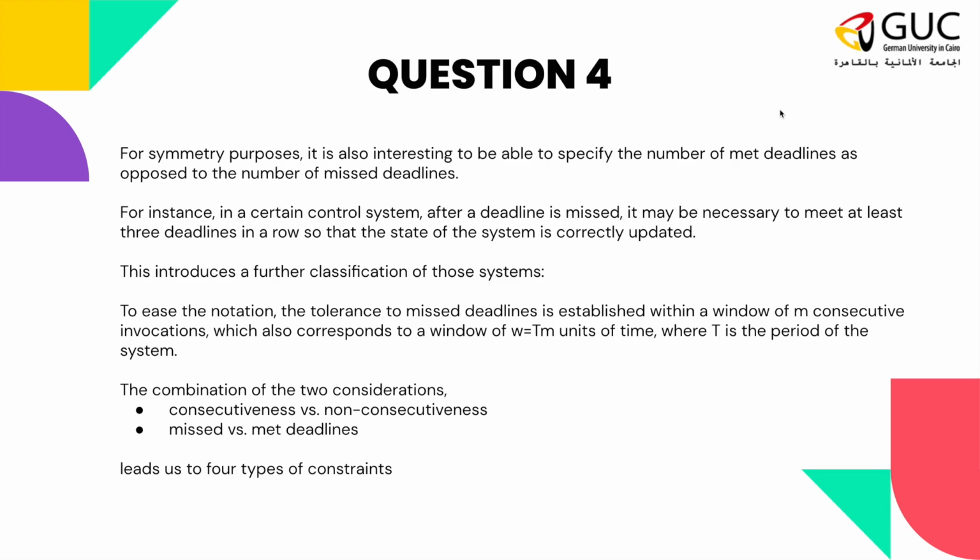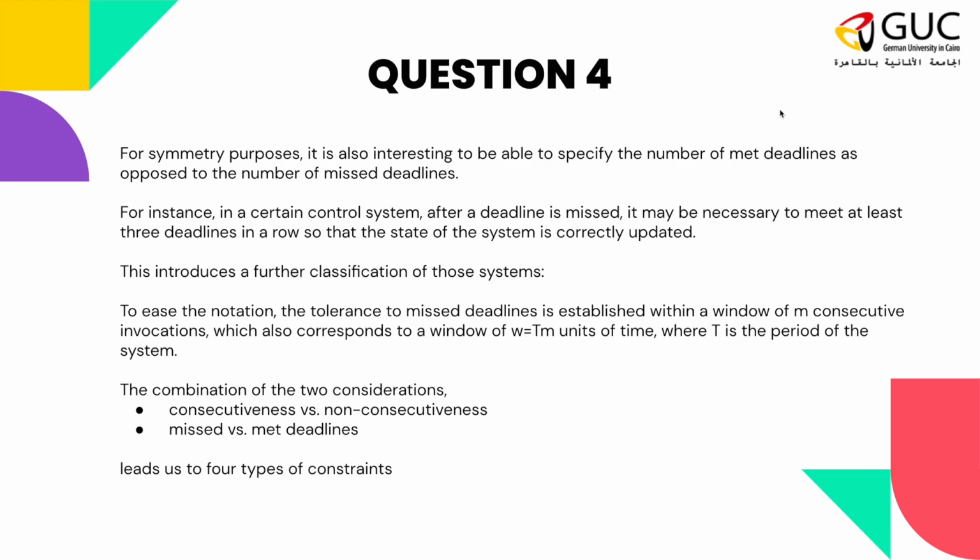However, here we want to specify the number of met deadlines compared to the number of missed deadlines. For instance, in a certain control system, after a deadline is missed, it may be necessary to meet at least 3 deadlines in a row so that the state of the system is correctly updated. So let's just have this example.